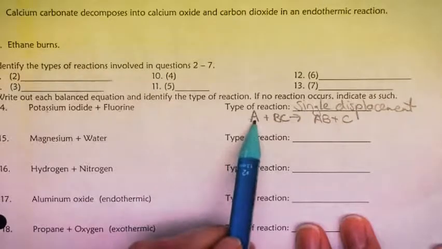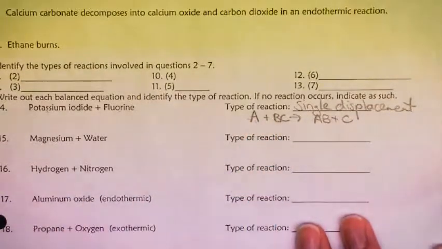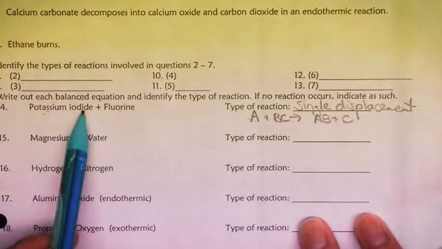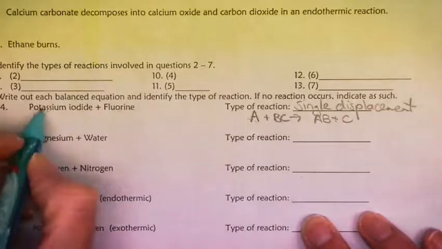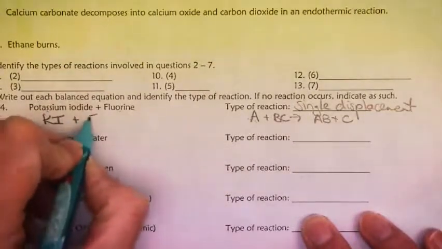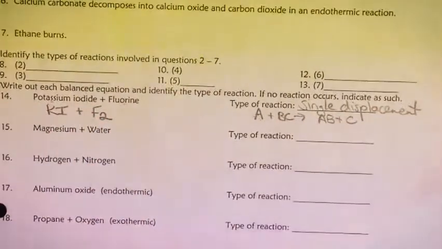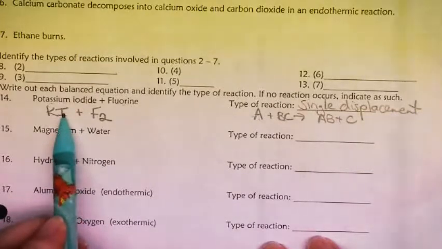So if A is a cation, it replaces a cation. If A is an anion, it replaces the anion. So if we look at potassium iodide and fluorine. So potassium is K and iodide is I. And then fluorine would be F2. We know that it's diatomic. And so fluorine is an anion, so it's going to replace the iodine.